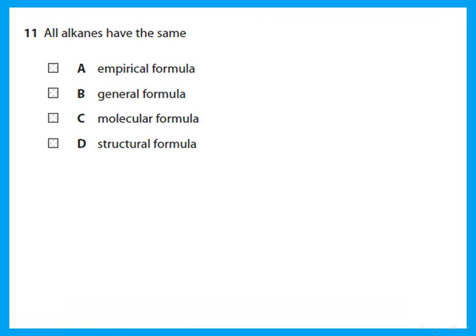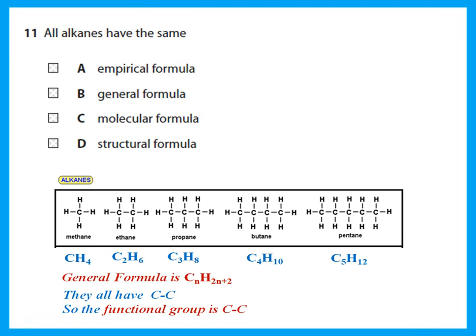All alkanes have the same what? Well, let's see. Remember alkanes? Alkanes like methane, ethane, propane, butane, pentane, they have a sequence of number of carbons and number of hydrogens. So we say the general formula is CnH2n+2.